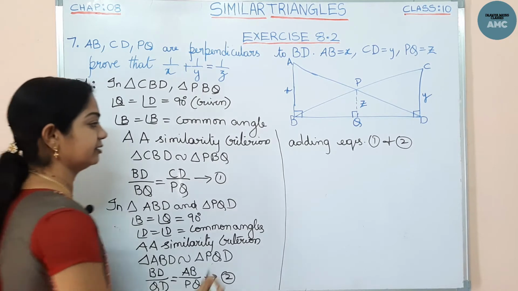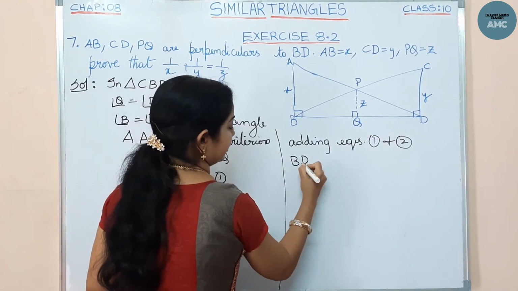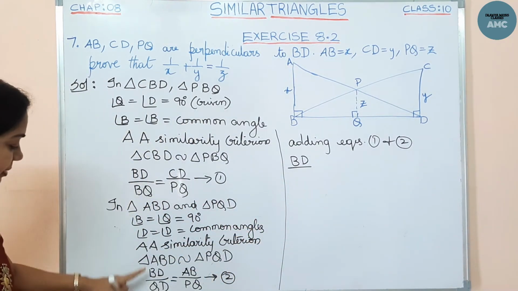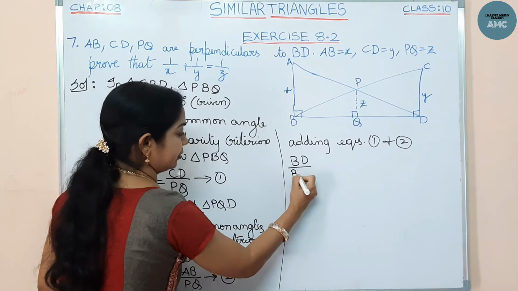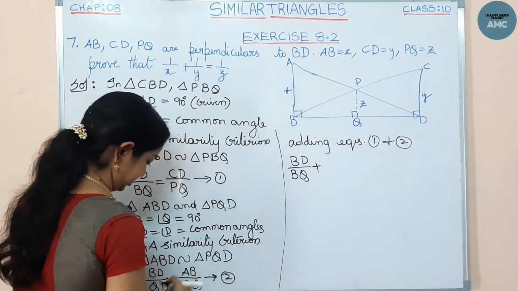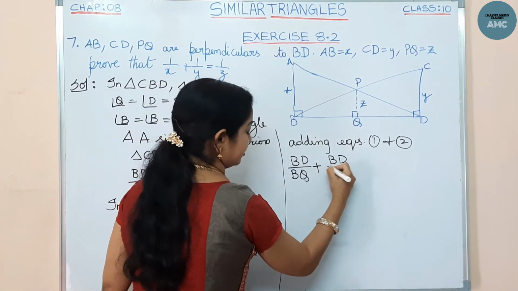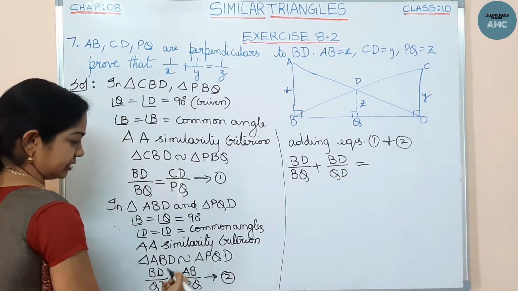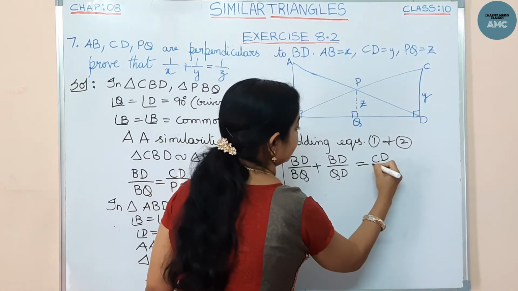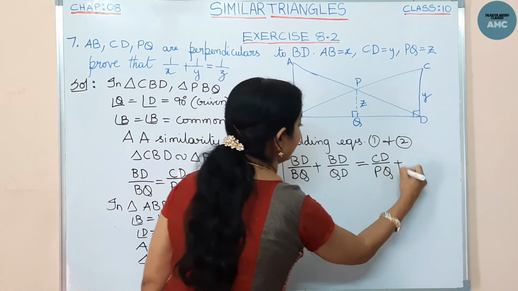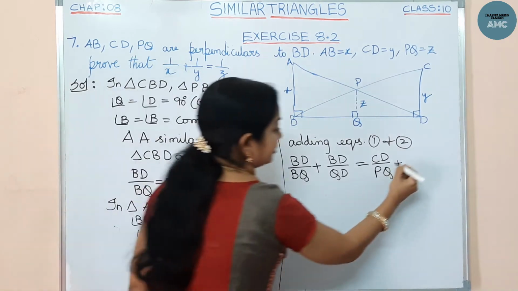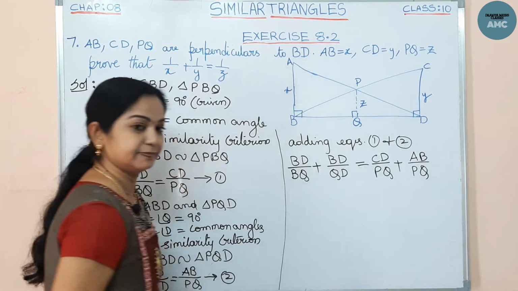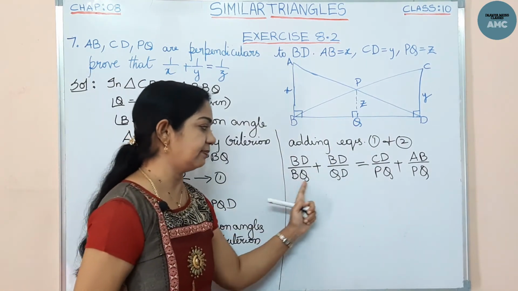Here BD by BQ plus BD by QD is equal to the RHS part. I'll write BD by PQ, that is CD by PQ plus here AB by PQ.